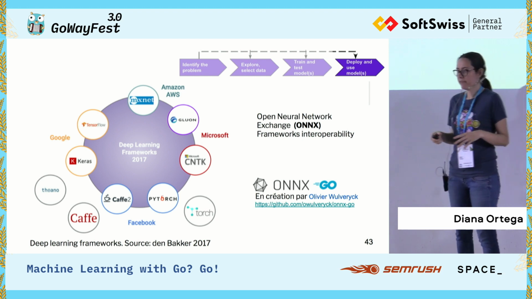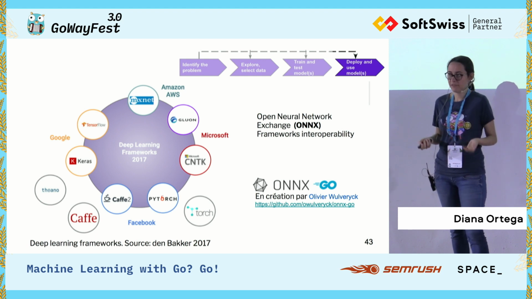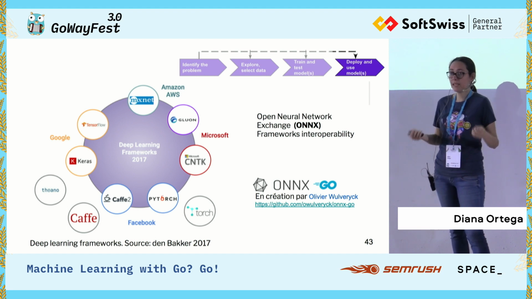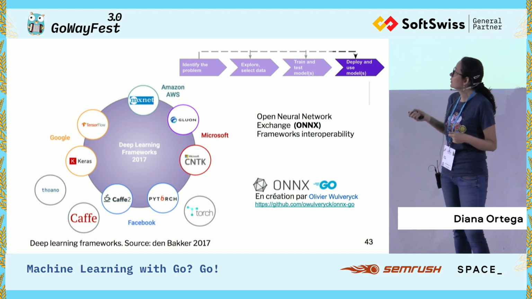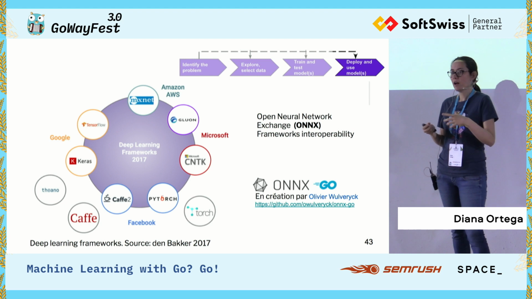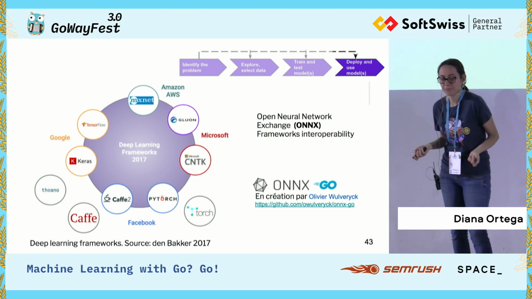They joined efforts to create an open neural network exchange framework for interoperability. It's called ONNX. It means that you can create a model using any of those frameworks. You can export it using this framework, and you can create interoperability to use this model wherever you want.